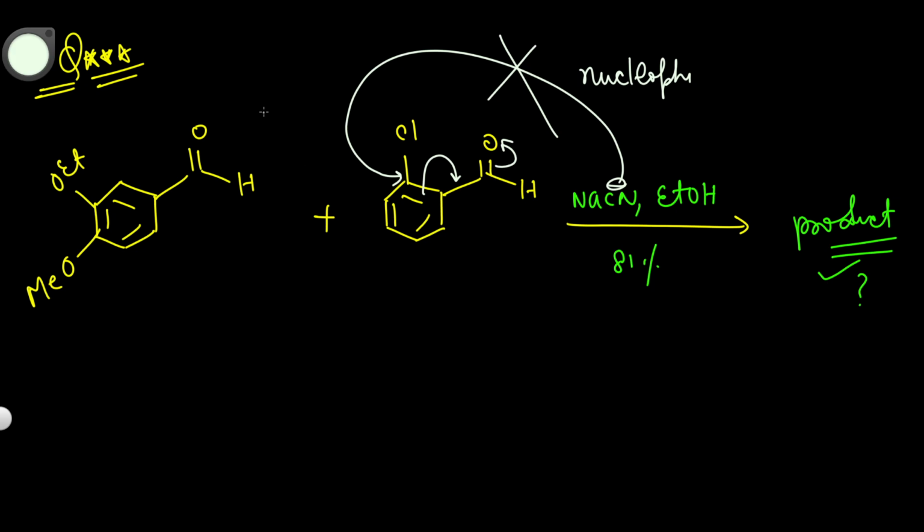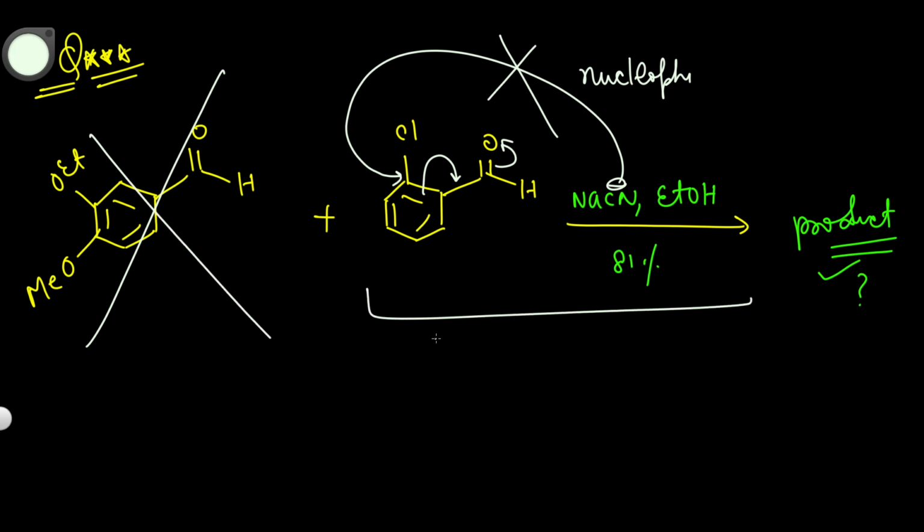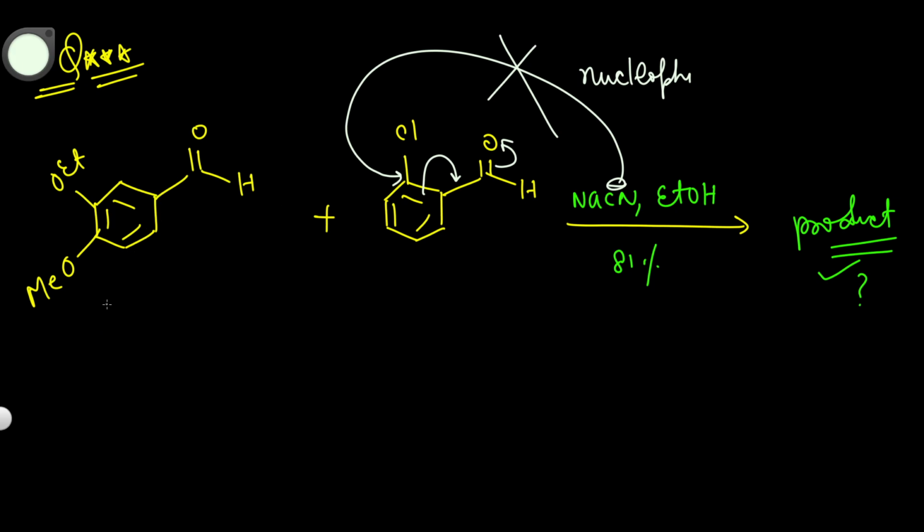If we had not taken this and only taken this, then we could do this, and the reaction would go through nucleophilic aromatic substitution. But we have taken this substrate also, and you are saying that I am going to attack on this carbon, and then the nucleophilic aromatic substitution will happen.